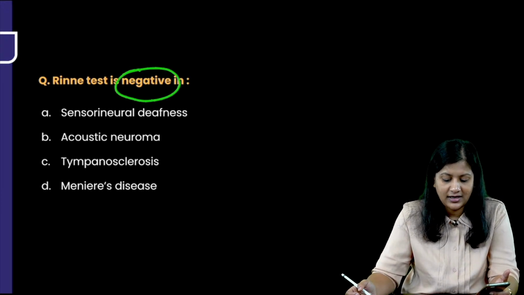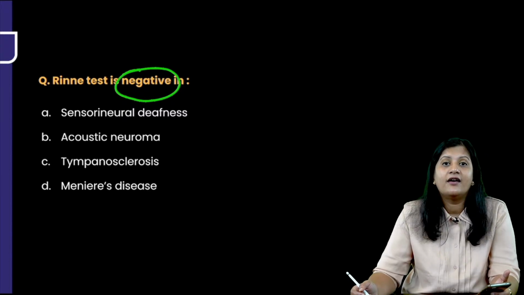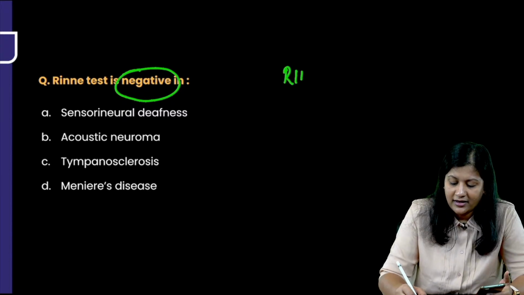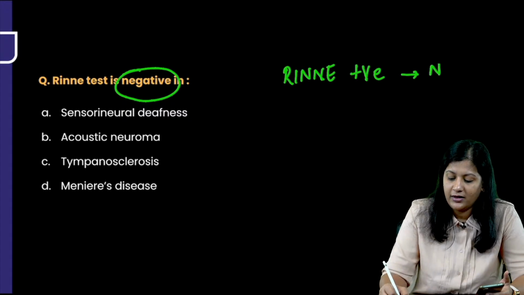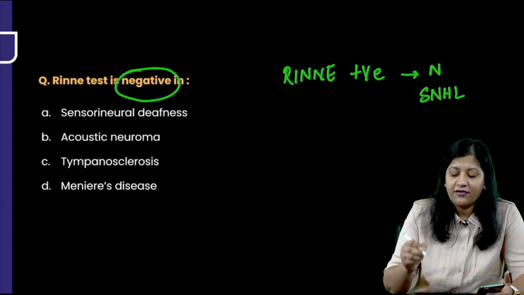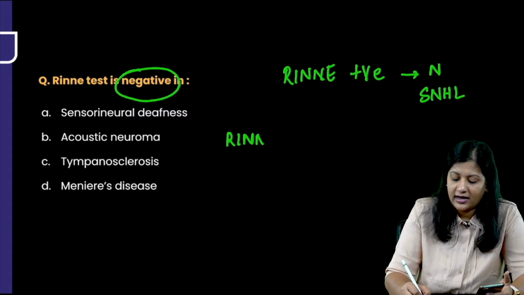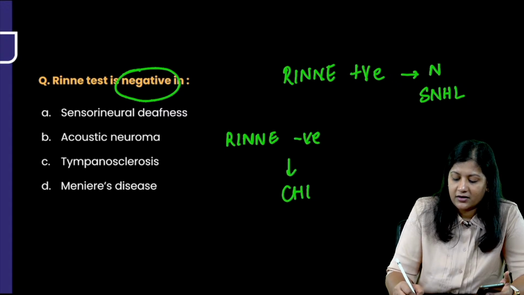Very good. I am seeing many of you are answering it right. Whenever we say a test like Rinne's test is positive, it means the patient is either normal or having sensory neural hearing loss. If a patient is having Rinne negative, it means the patient is having conductive hearing loss.